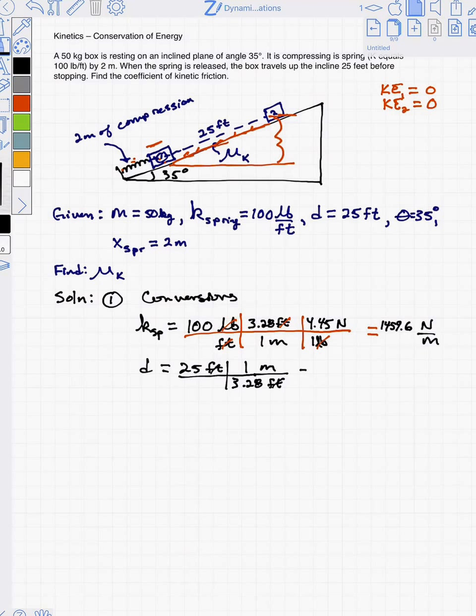Feet cancel, and we get 7.62 meters. So we've looked at the mass, the spring coefficient, and the distance. The angle is good. The spring distance is in meters. We're all good there.